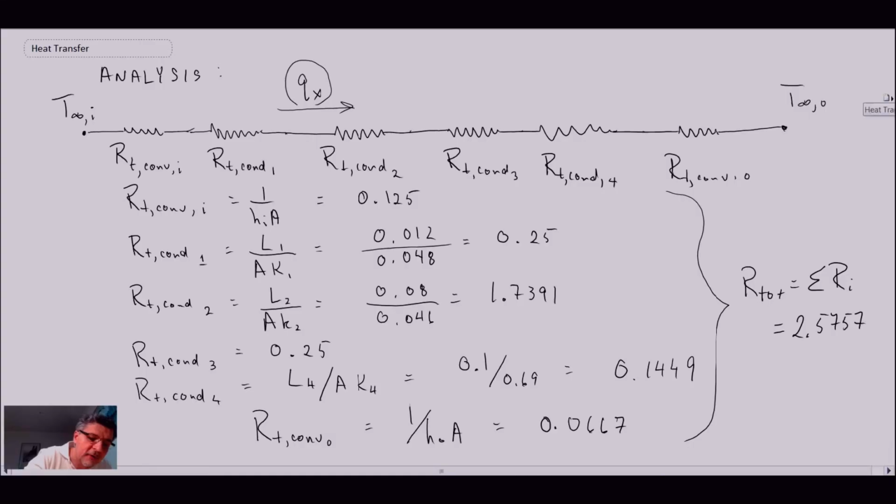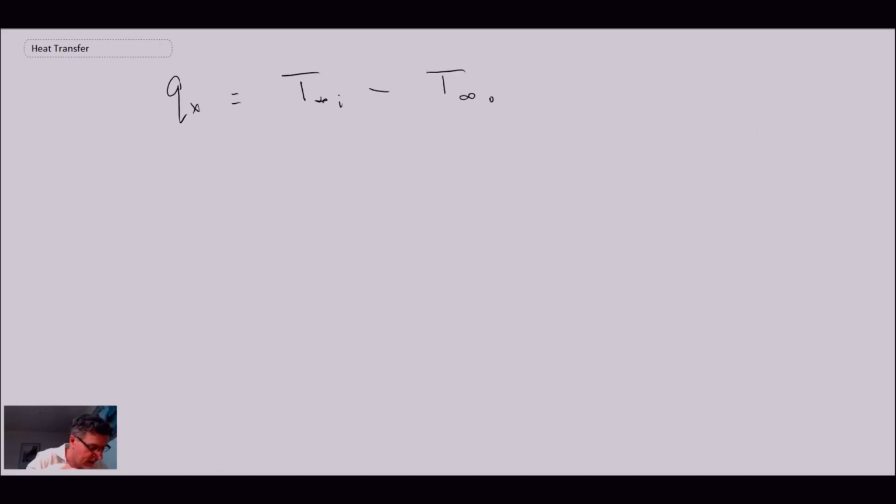And what we have then is Qx is equal to, and it's going to be the temperature change from the start of the circuit to the end of the circuit. So looking back at our circuit, we're going from here, let me do that in red, we're going from there to there. So that's going to be the temperature change over all of the resistances that we've computed.